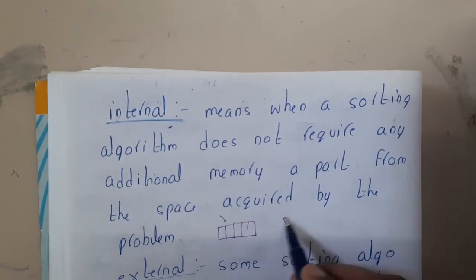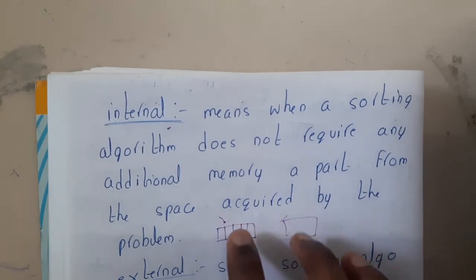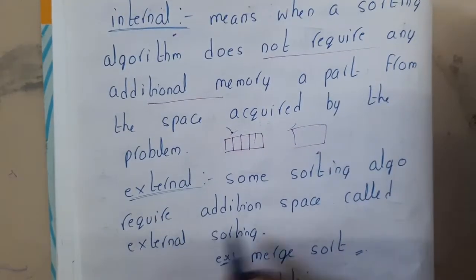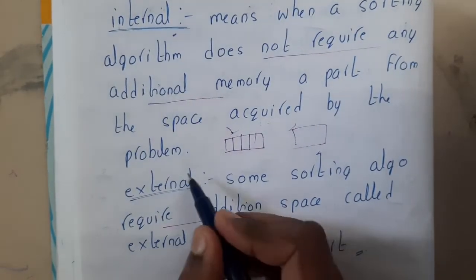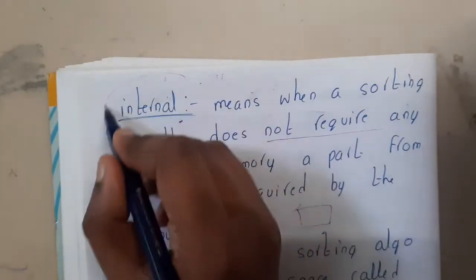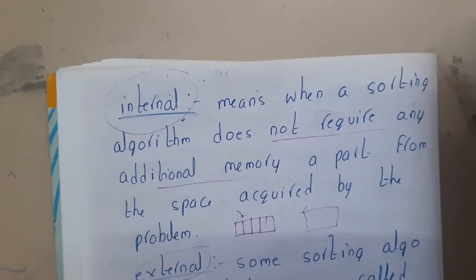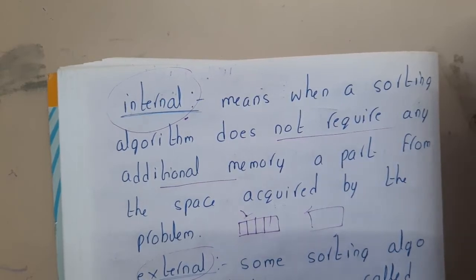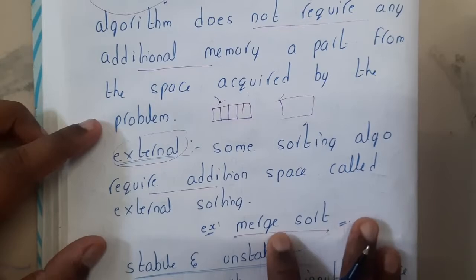It does not need one more array to store one value after the other. So there is no requirement of additional space. Whereas external means there is some requirement of additional space. The best example for external is merge sort, guys. Any other sorting algorithm comes under internal, like quick sort, bubble sort, insertion or selection, and merge sort comes under external.